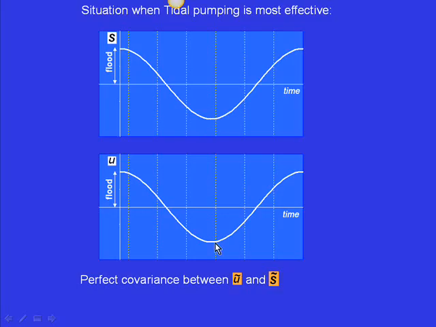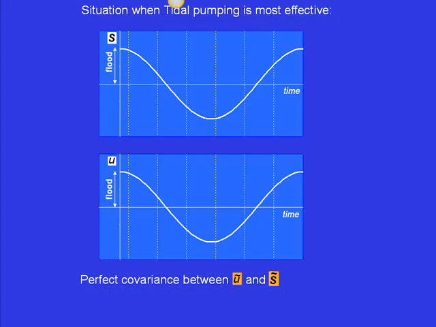Right? So in this case, you have a perfect covariance. They're in phase, both of them. So the flow and the salinity co-vary. That means that in this situation, the tidal pumping mechanism to drive salinity in and out of the estuary is very effective. Okay? Can you think of a situation in which this may happen?